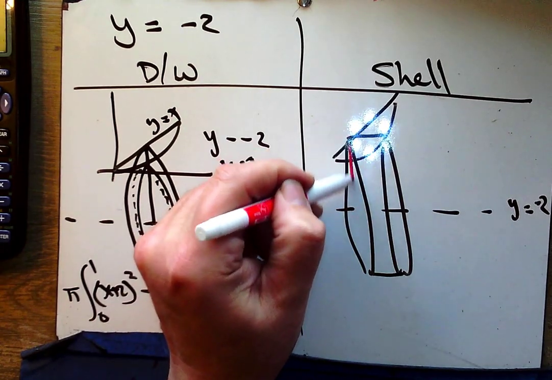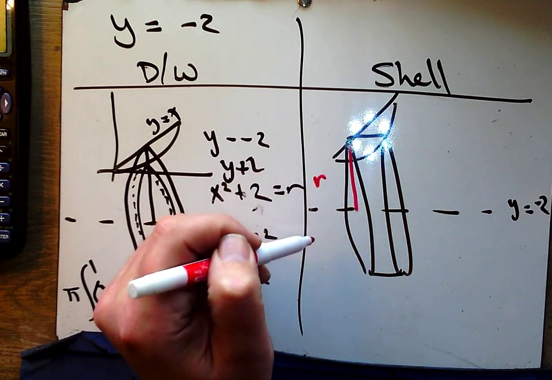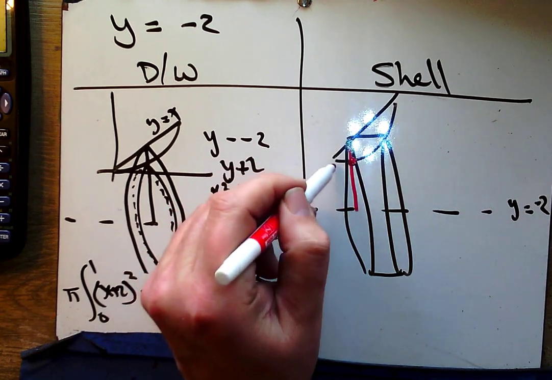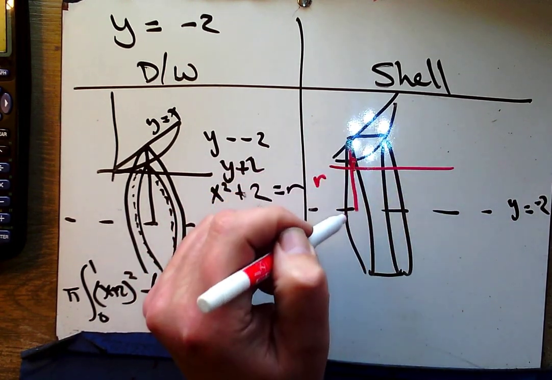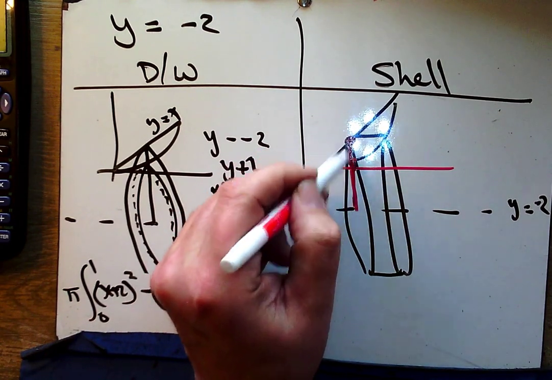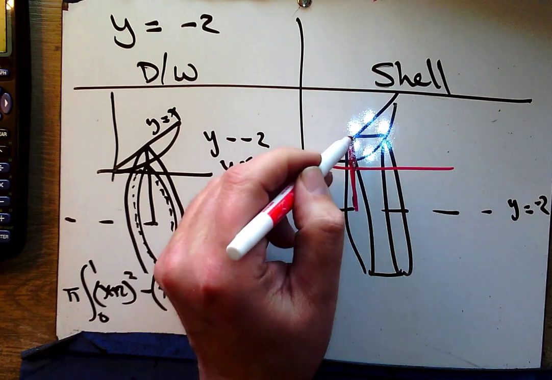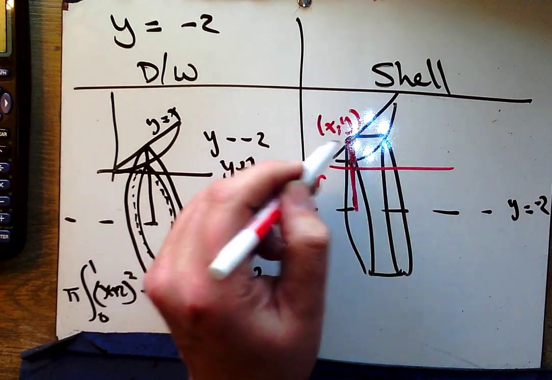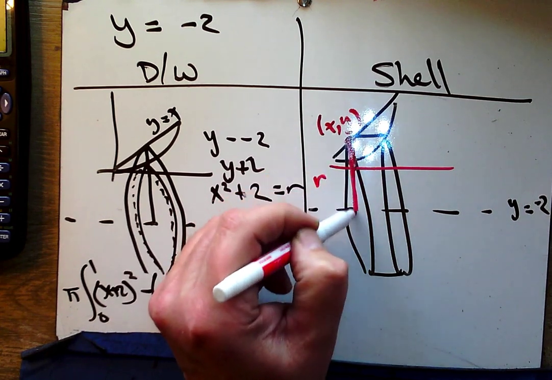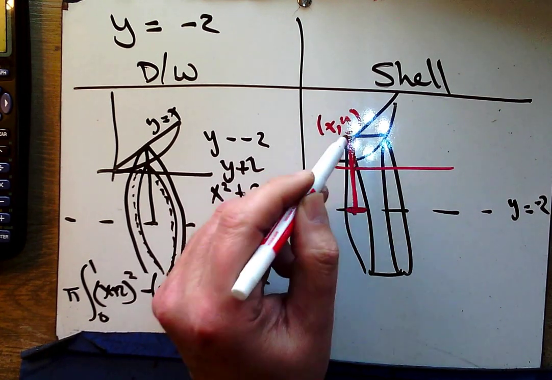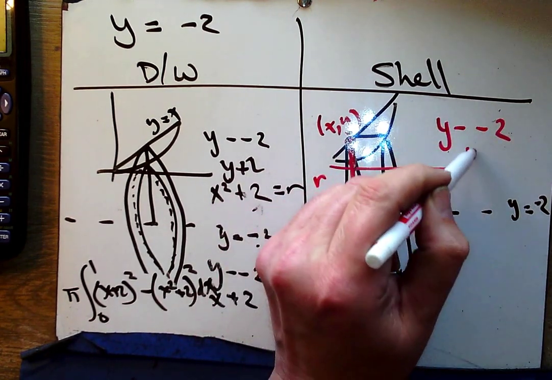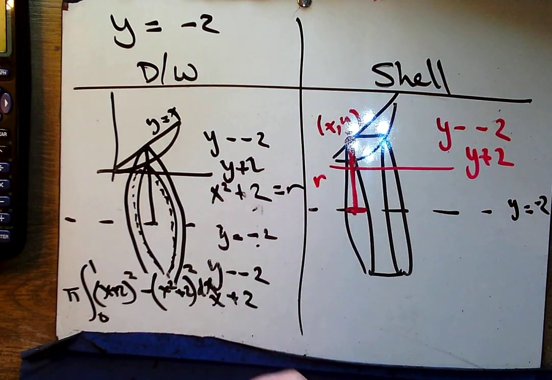So this distance is the radius, and that distance is the y value on the curve. There. x, y. This y value minus this y value. I'm doing top minus bottom. y minus a minus 2. And it gives me y plus 2.